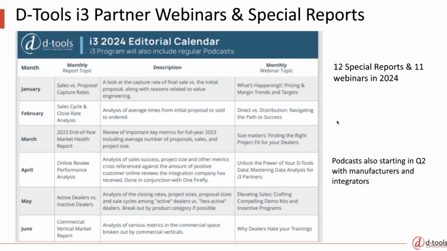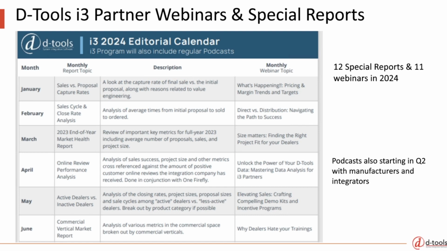So, okay, real quick, I wanted to give you a sense of what we've got coming up from the i3 partner webinars and special reports. We have this calendar. This link to this calendar will be in your quarterly i3 partner newsletter every time, but you'll see we're going to be doing regular monthly reports. In fact, let me give you a heads up that the full year market health report is going to be out in the next week or so.